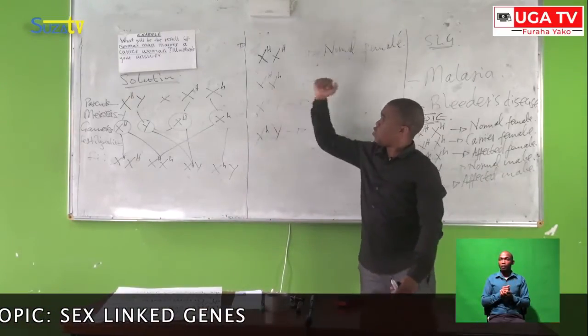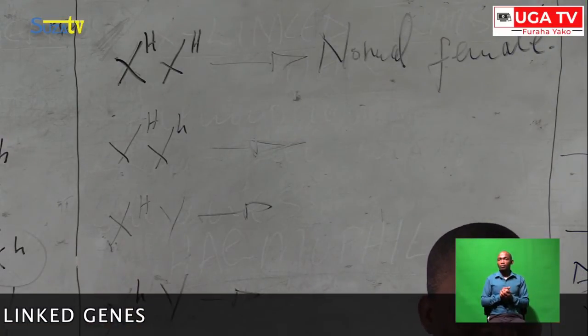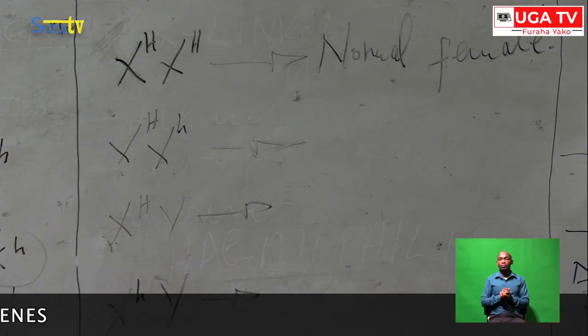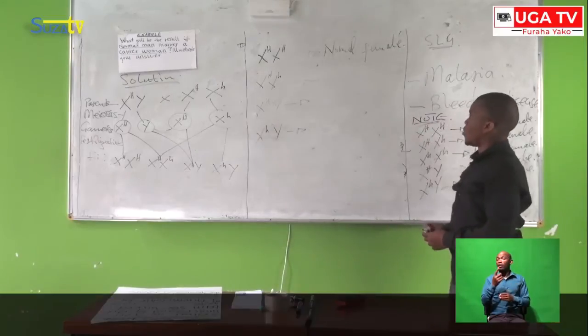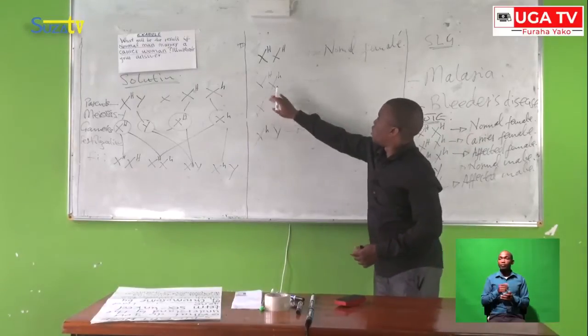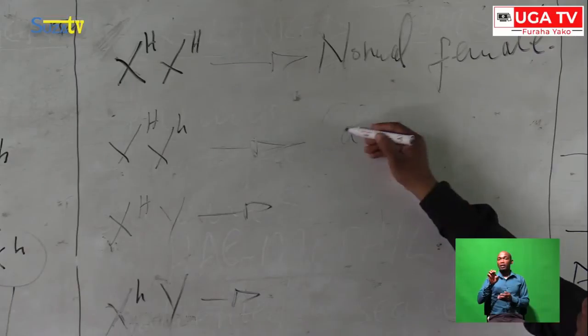What's the state of this one? Who can try? Zuena, can you try, please? The state? Loudly, please. Thank you. Clap one for Zuena. Good. Zuena said the state of this one is carrier. Good.